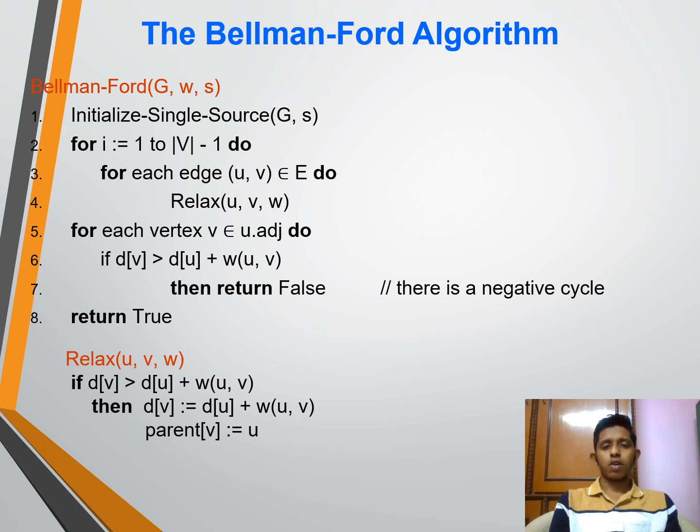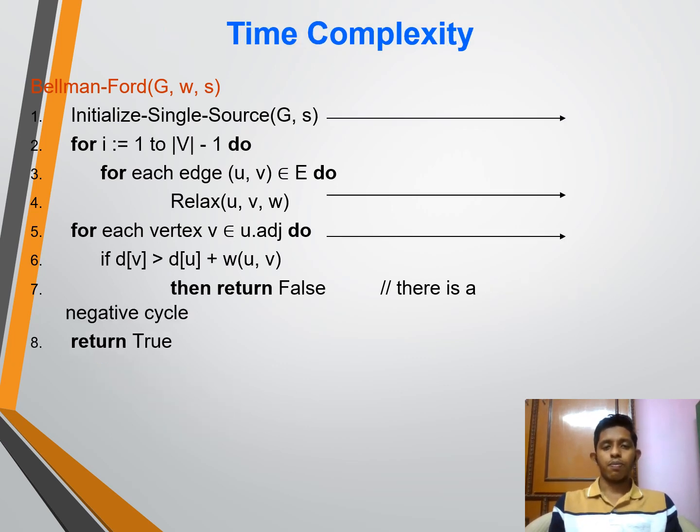The Bellman-Ford algorithm is displayed here. For every edge u comma v belonging to E, we calculate the cost between u comma v, as in the relax algorithm displayed over here. If the weighted graph contains a negative cycle, the Bellman-Ford algorithm returns false, else it returns true.